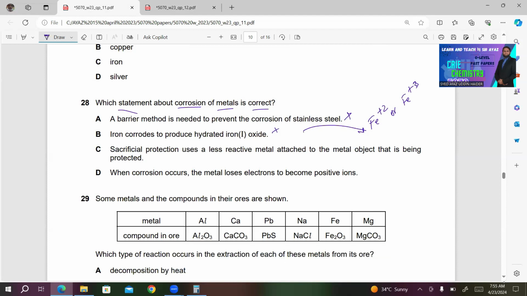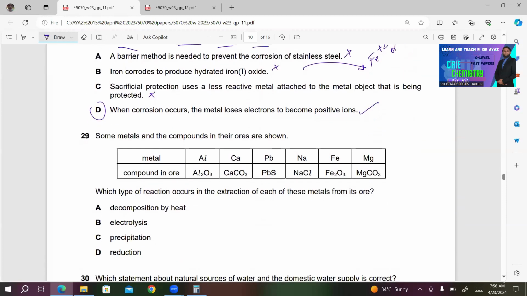C. Sacrificial protection uses a less reactive metal attached to the metal object that is being protected. This is wrong, because in sacrificial protection, we use a more reactive metal in order to avoid the corrosion or rusting. D. When corrosion occurs, the metal loses electrons to become positive ions. This is correct, because in corrosion, metal loses electrons.